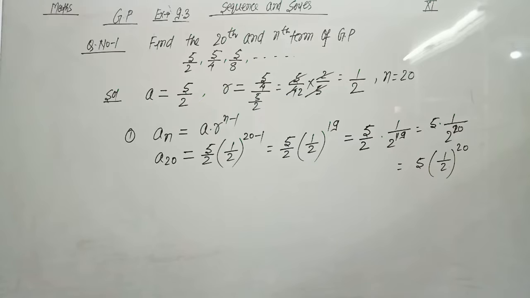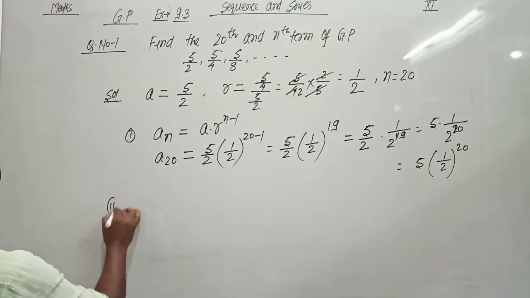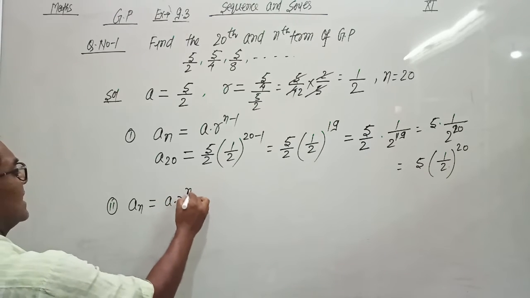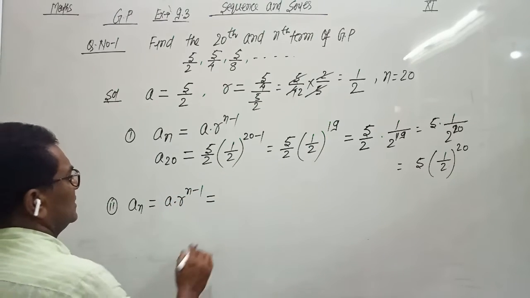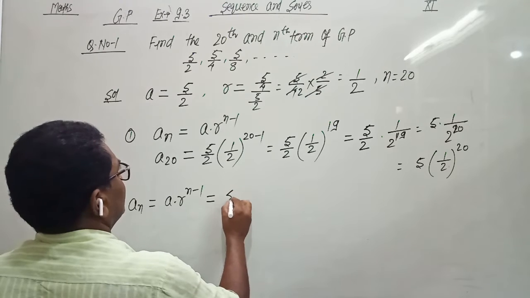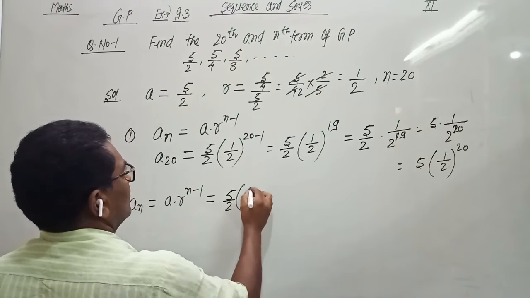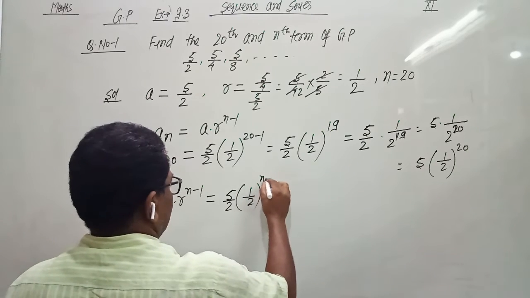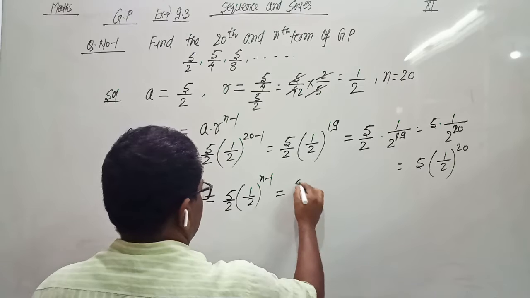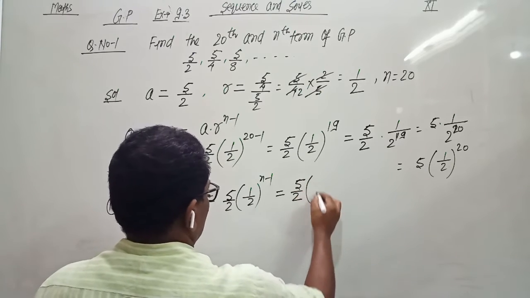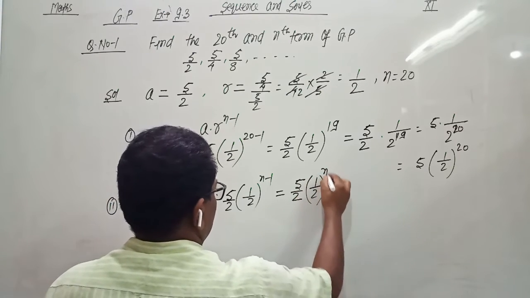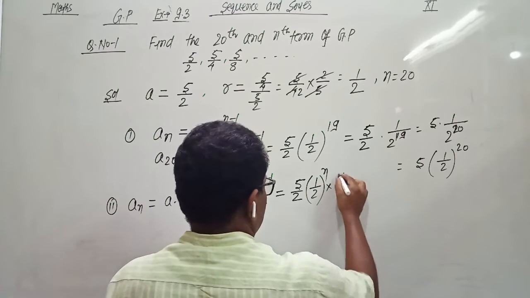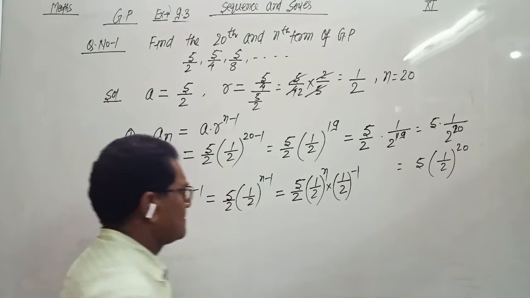Then we have to calculate its nth term. So nth term an equals a into r raised to the power n minus 1. The value of a is 5 by 2, the value of r is 1 by 2 raised to the power n minus 1, which is written as 5 by 2 and 1 by 2 raised to the power n into 1 by 2 raised to the power minus 1.